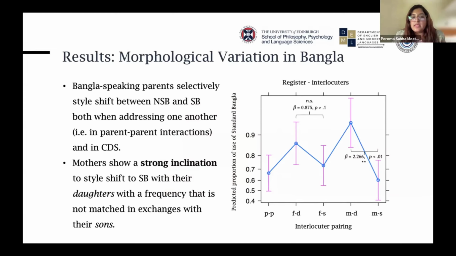They were very selective, and when they were style shifting, they showed, like I just mentioned, a great inclination towards standard Bangla. When they were talking with daughters, the frequency was very high, and it did not match with the sons. It was quite apparent.